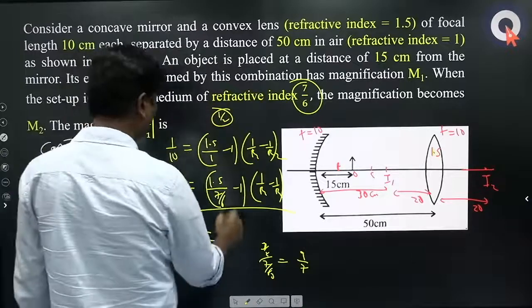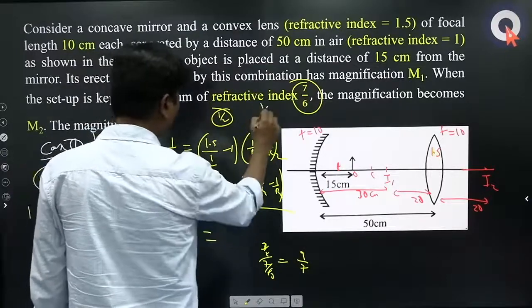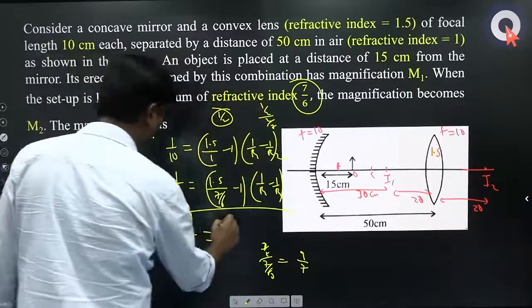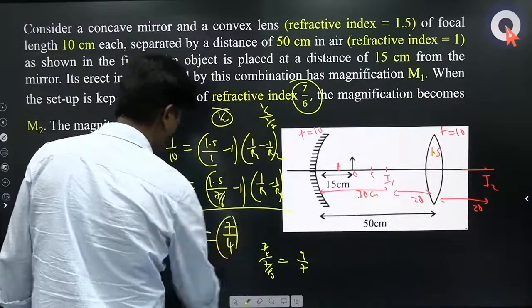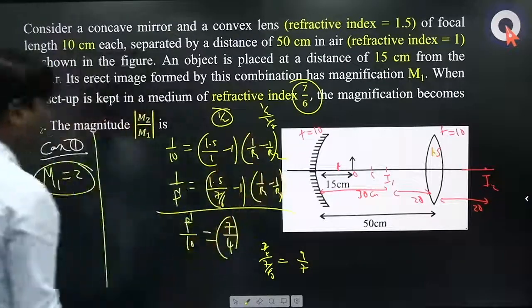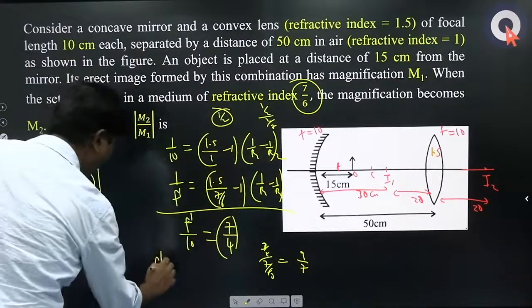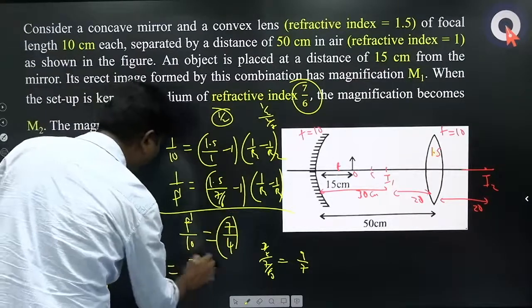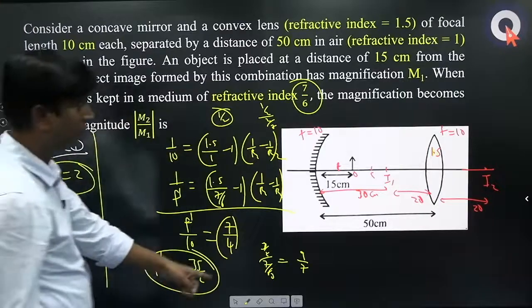So 1 by 2 by 2 by 7 will be 7 by 4, and the brackets anyway will get cancelled. So f dash is equal to 70 by 4, 35 by 2 is the answer. I mean the new focal length.